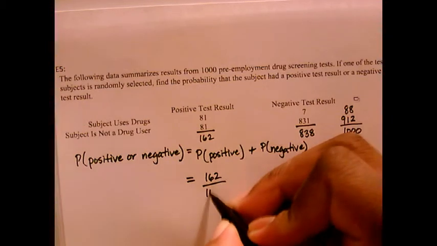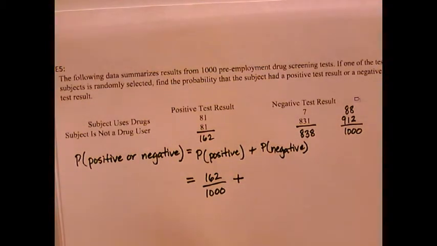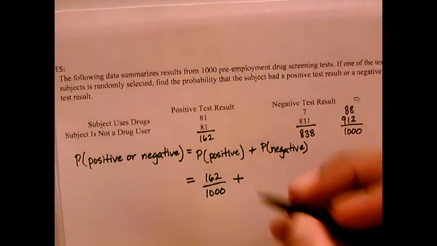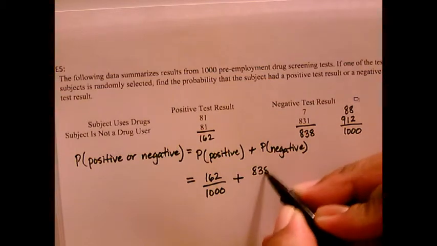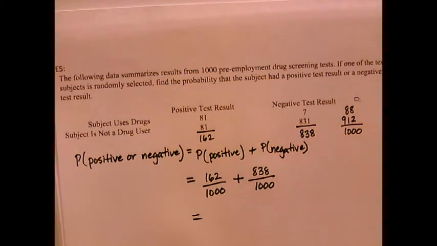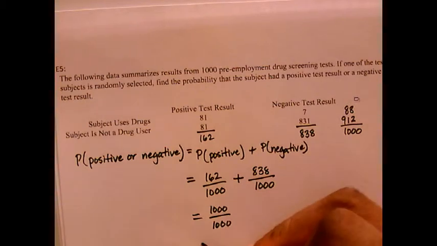So it's 162 over 1,000 plus the probability of getting a negative test result. Add 7 and 831 together, you're going to get 838 out of 1,000. Now add 162 and 838, you're going to get 1,000 over 1,000, which is simply going to be 1.